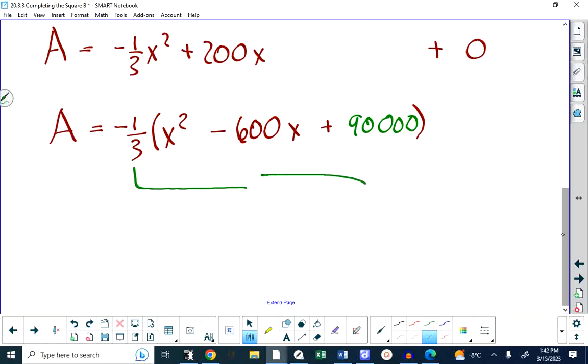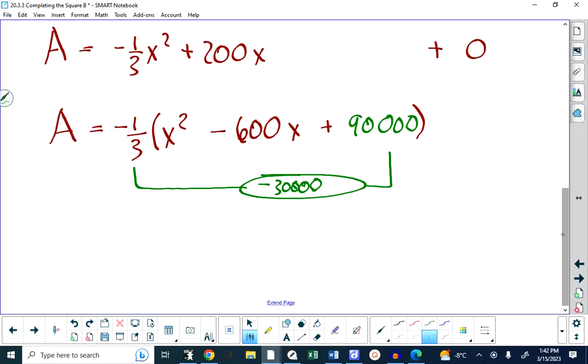I multiply these two numbers together. I think. That means I have to add 30,000 here. I am asking the same question for a different problem for the third time today. How many of you see that this 30,000 is the maximum area? That number is always going to be Q.